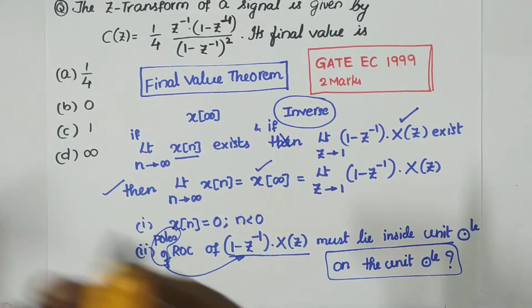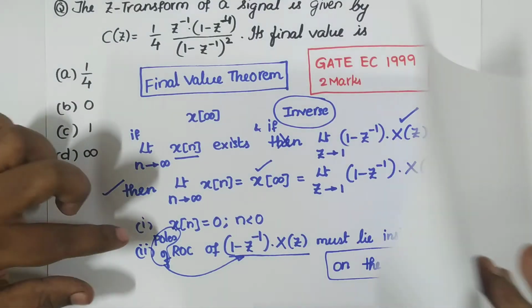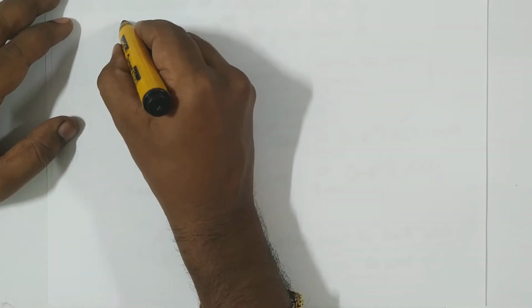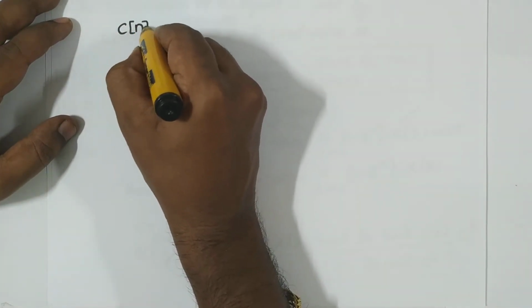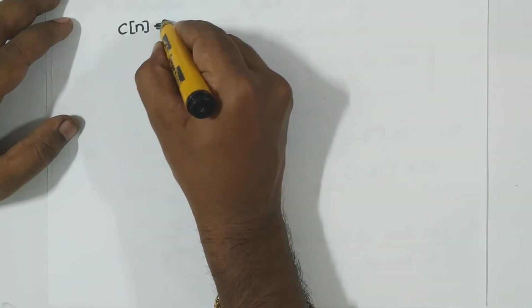Anyways, let's go to our problem now. Based on this above fact, we could say that for c of n, small c of n, this is okay.